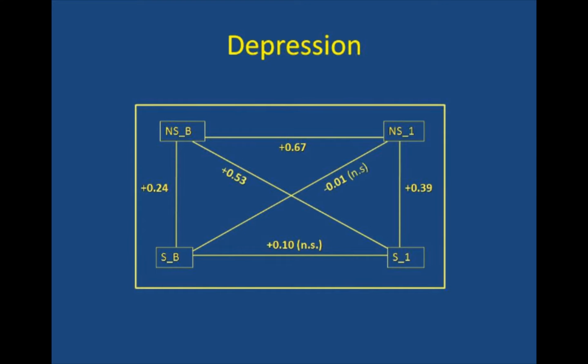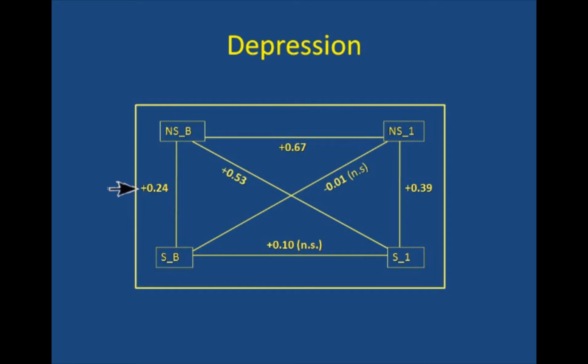I would like to draw your attention first to the vertical line from the upper left-hand box to the lower left-hand box. It reports the correlation between non-somatic items at baseline and somatic items at baseline, and it's 0.24, so they are not very highly correlated, but they are modestly correlated.